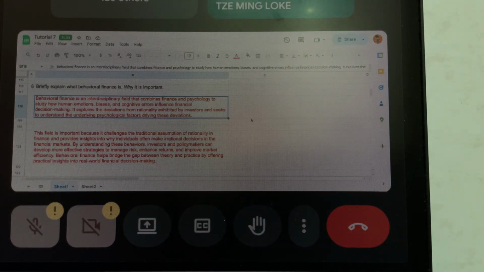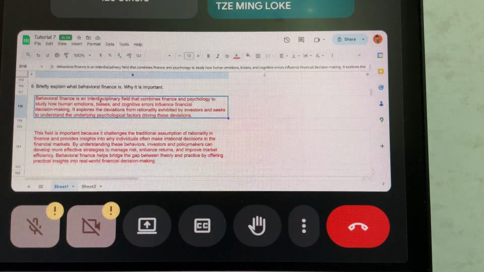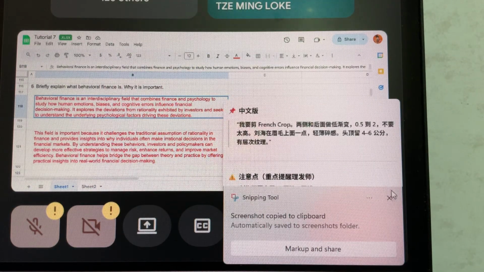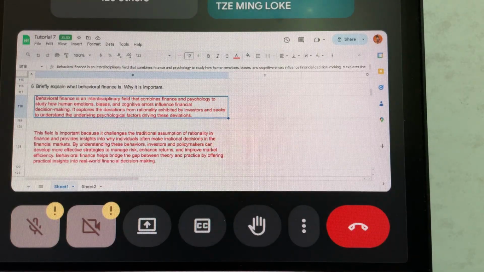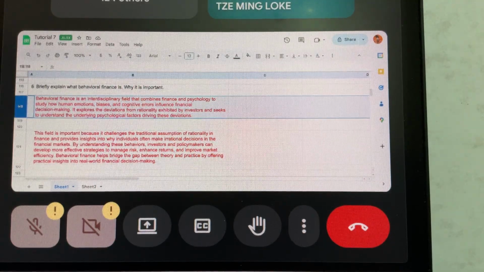Okay, all right. So in the first paragraph, I said behavioral finance is interdisciplinary, that means combining two so-called disciplines. One is finance, the other one is psychology. It combines finance and psychology to study how human emotions and biases influence financial decision making. It explores the deviations from rationality.